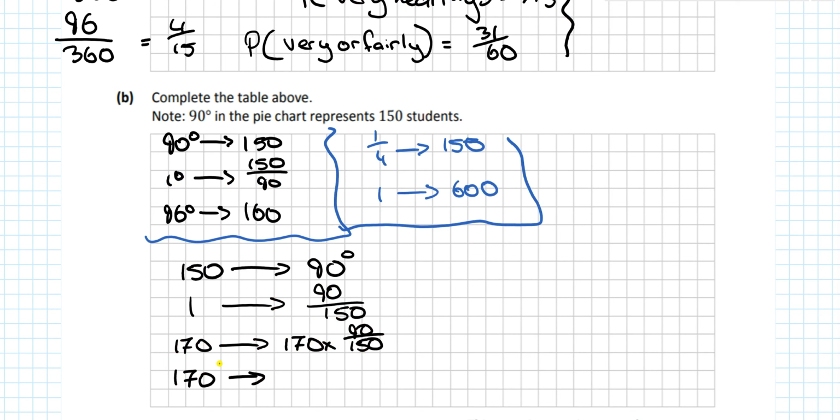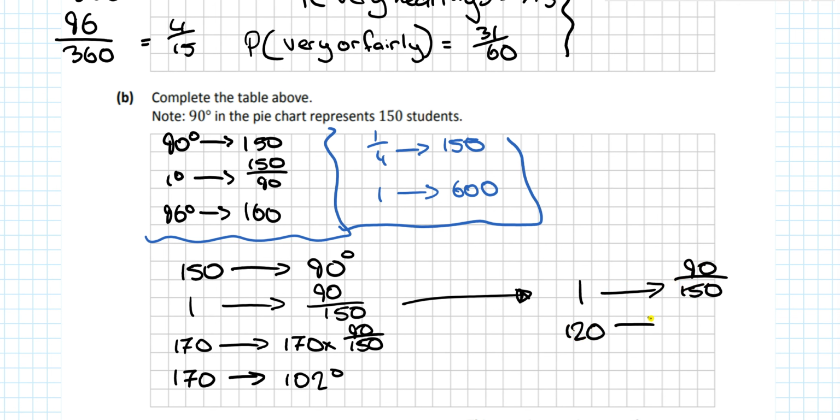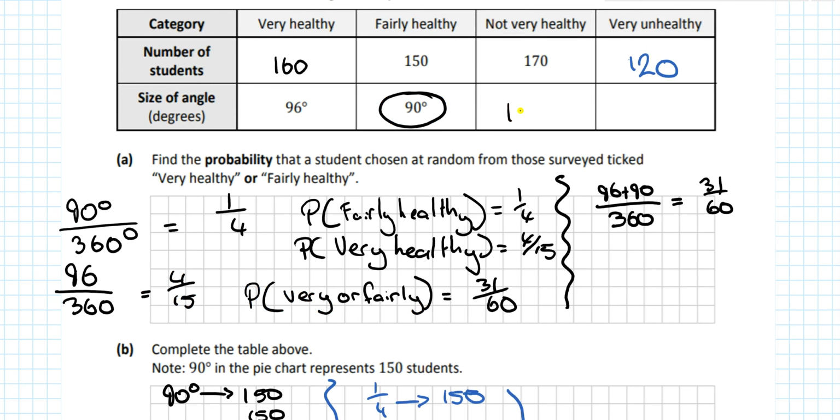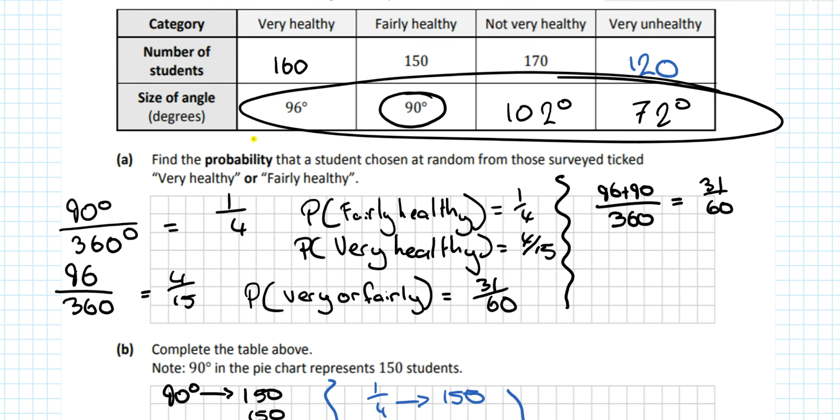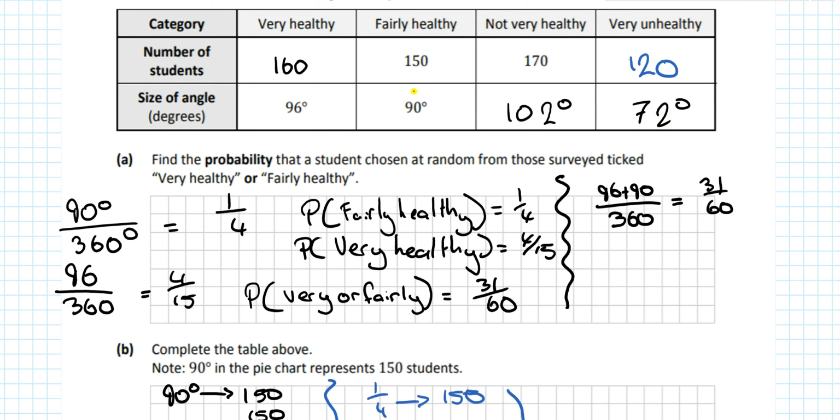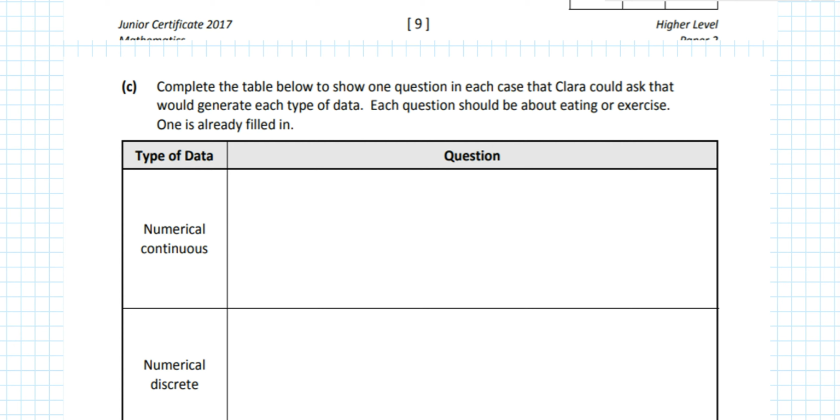That gives 102 degrees. And the other one, I can use this piece of information here. We can go 1 was 90 over 150. So 120 is going to be 120 times 90 divided by 150 is 72 degrees. So we got 102 and 72 degrees. We can also check those by adding all of those together, and you should get 360 degrees because there's 360 degrees in a full circle.